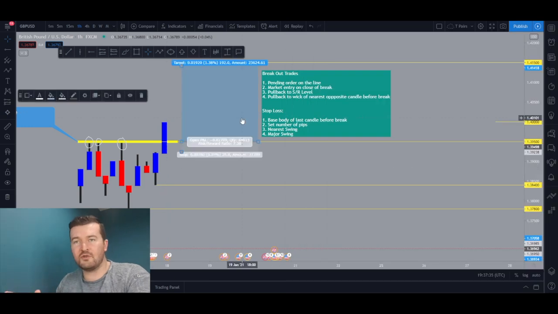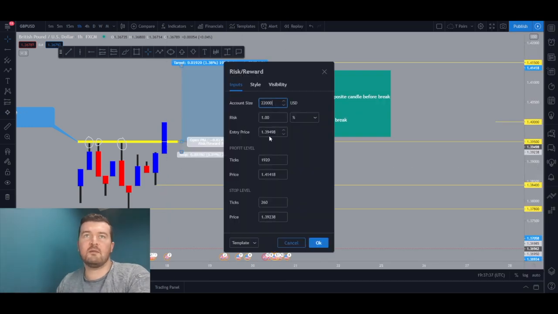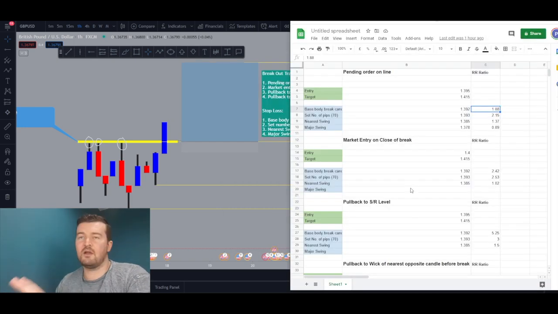And this is what I urge all of you guys to do. So go back, have a look at creating yourself a spreadsheet, work on this sort of thing where you can put in the figures, see where the risk reward is best for you, and then back test it at least 100 times so you've got a little bit more of an average range to go by. Because once you see it happening over and over and over, and you know that if you've got a positive expectancy, you can take that trade with a lot more confidence. And the confidence is key when you're looking to trade this live.